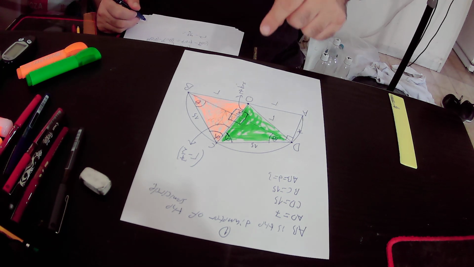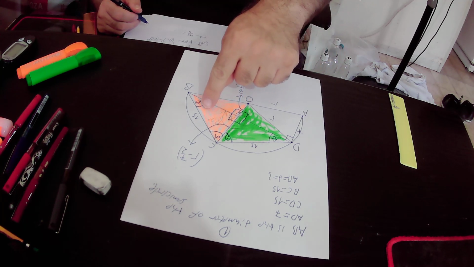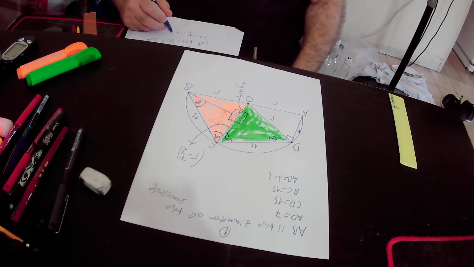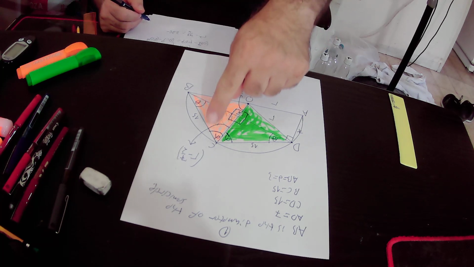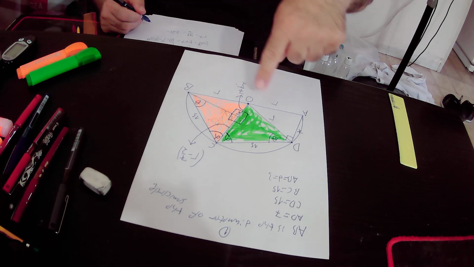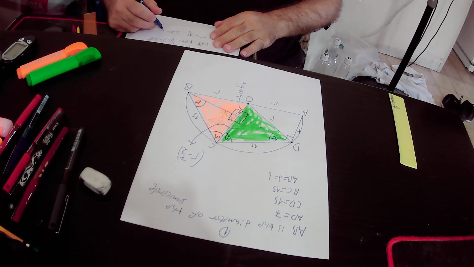Equals BC square. What is the value of BC? BC equals 15 units. It is given in the question. So BC square will be equal to 15 square, and 15 square is 225, minus EC square. What is the value of EC? We found out that EC equals R minus 7 over 2. So EC square will be equal to R minus 7 over 2 square.